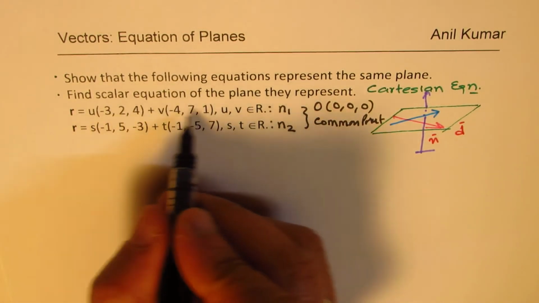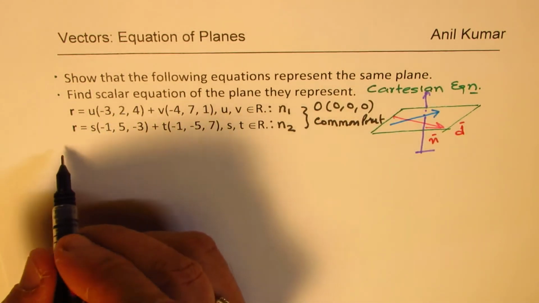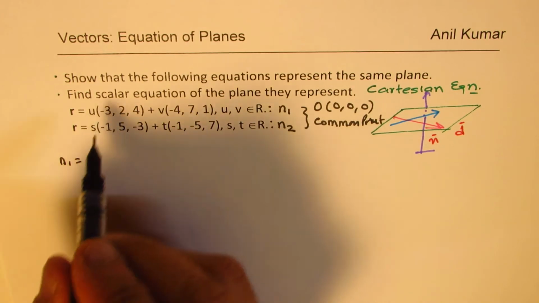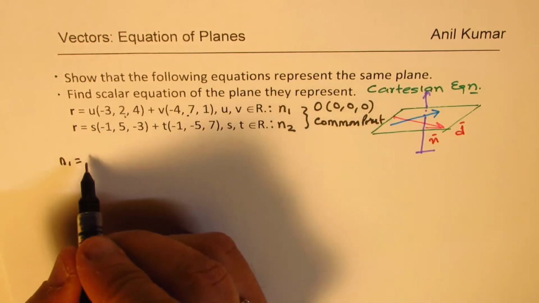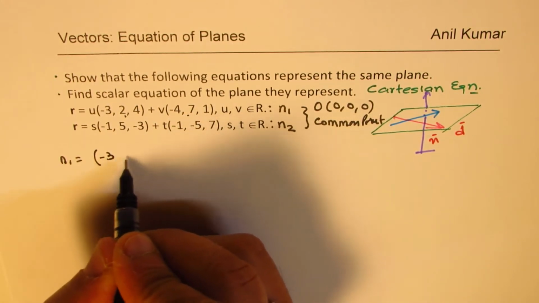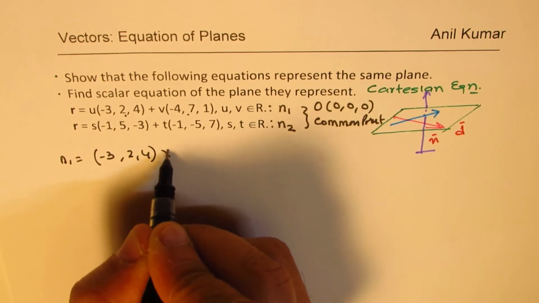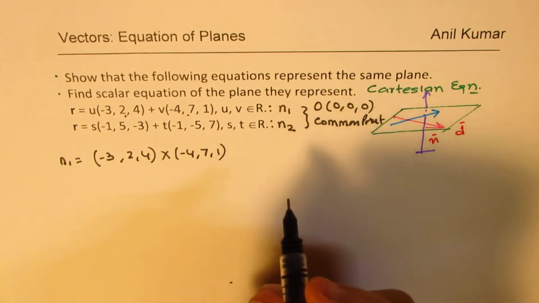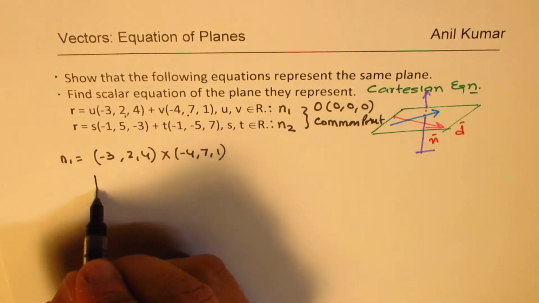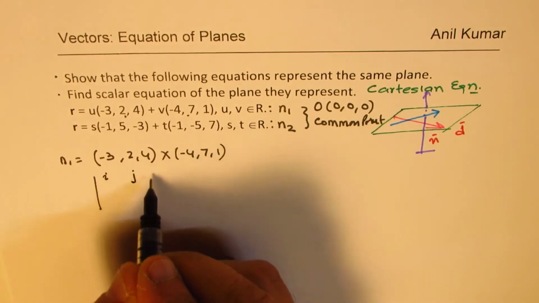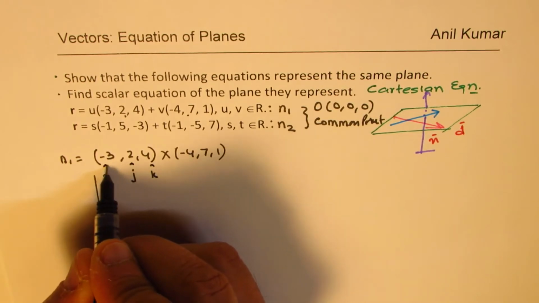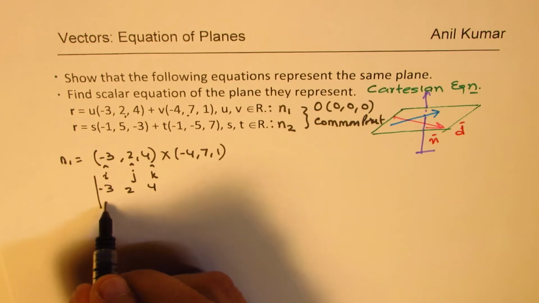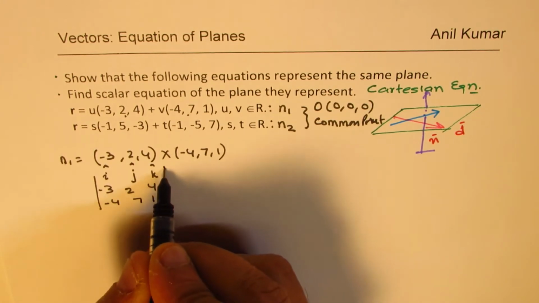So normal means the cross product. Let's find the normal for the first one, which is the cross product of these two. So we are basically trying to find (-3, 2, 4) cross (-4, 7, 1), which I'll do using the matrix method. So we have i, j, k, these are the unit vectors, and you have -3, 2, 4 and -4, 7, 1.